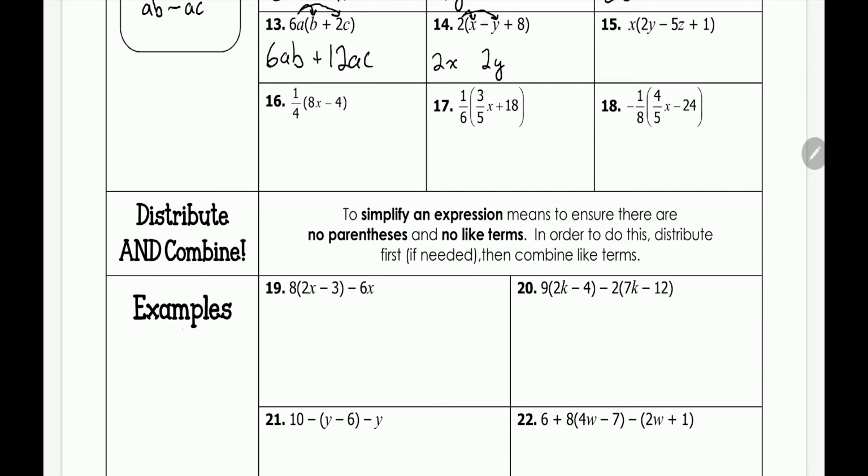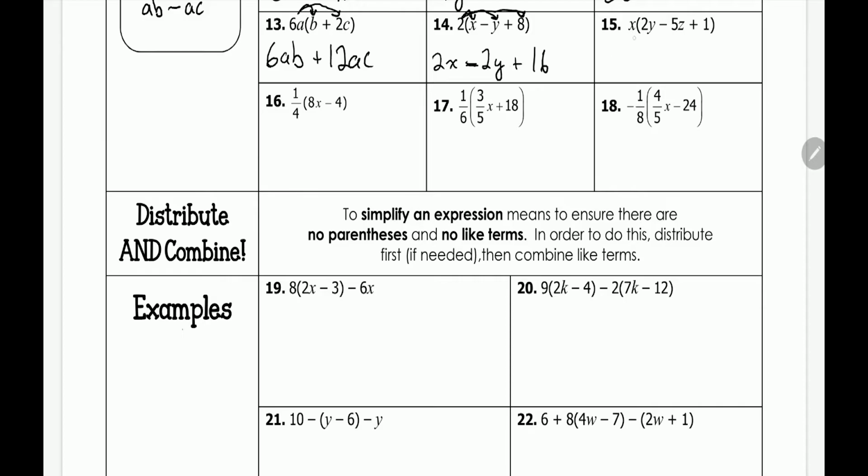We're going to take whatever the symbol is in between the x and the y, and put it down here. And then finally we have 2 times 8, which gives us 16, and we're going to put whatever the symbol is between the y and the 8, which is plus. And since we don't have any like terms, we don't have to combine anything, so this right here is going to be our final answer.